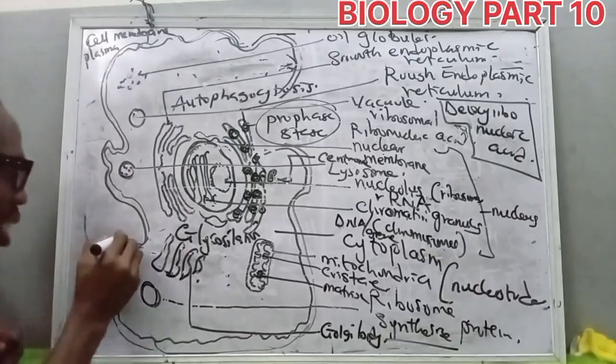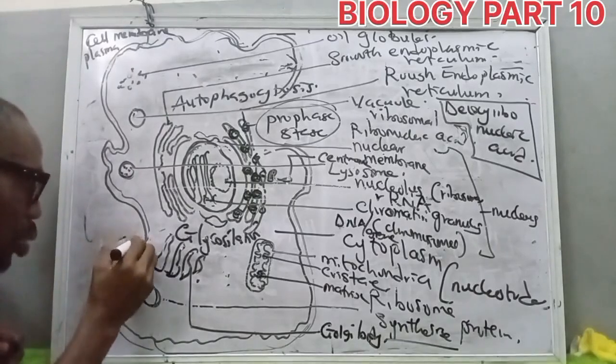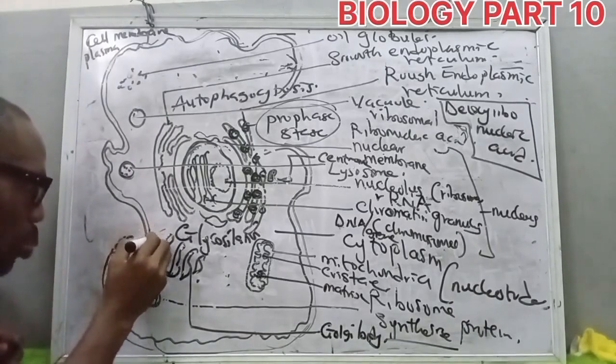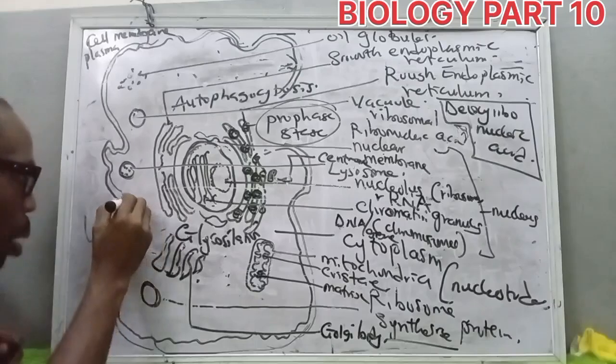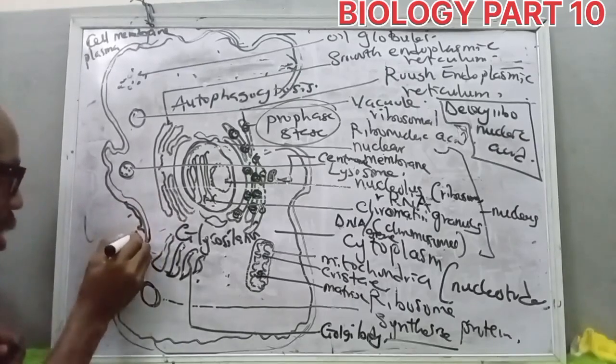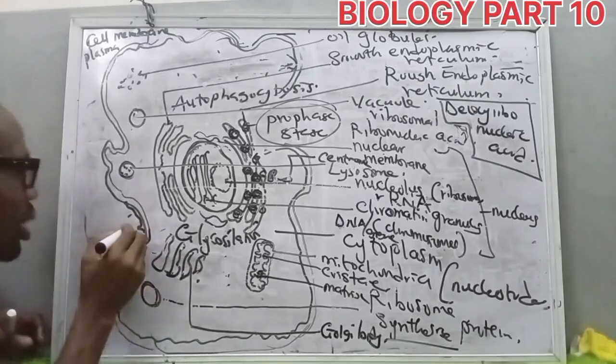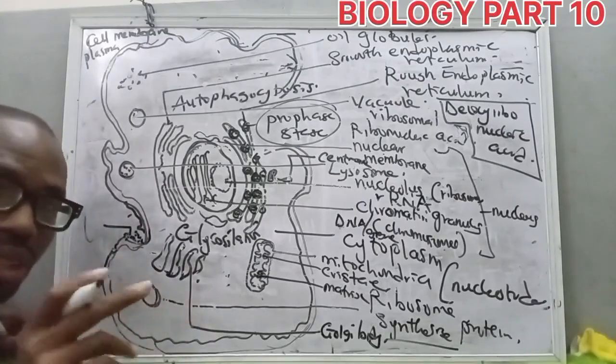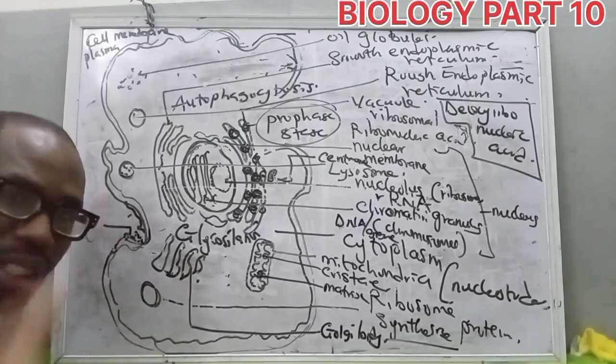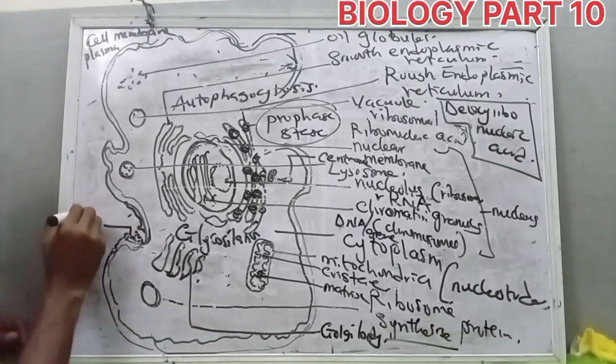Now around this side, let me just add for those of you preparing for A level and those who might be writing JAMB, as the case may be. Around this side, there's something we call micropinocytes. In plants, we call it plasmodesmata, but in animals, we call it micropinocytes.